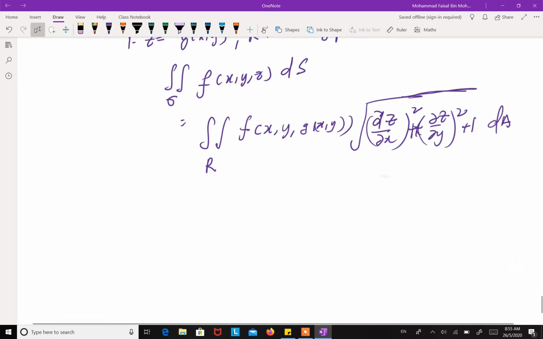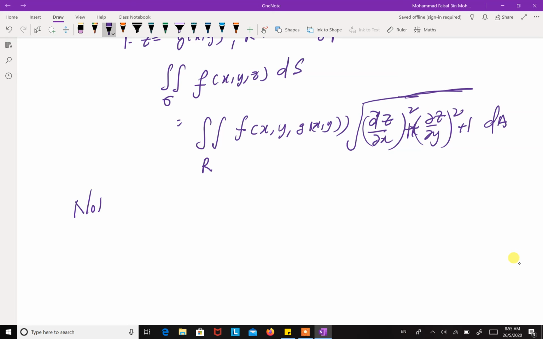Note that z is a function of x and y, so we can let phi or f equal to z minus g(x, y) equals to 0.